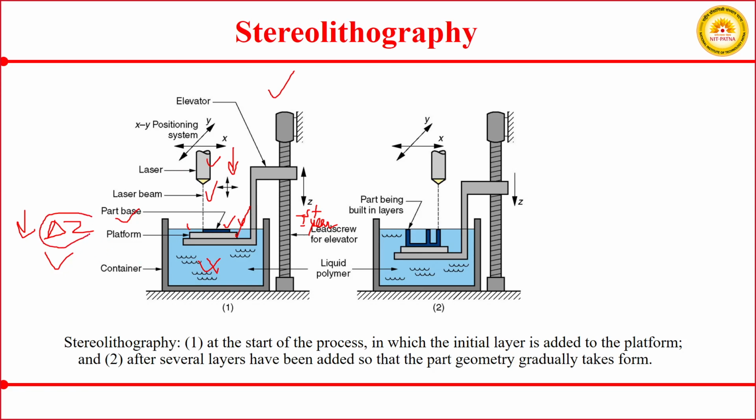If you lower the platform by a step delta z, what will happen? Fresh liquid will come over the previously printed layer, and again you move your laser. So the second layer gets solidified, and you again lower the platform by the distance delta z.